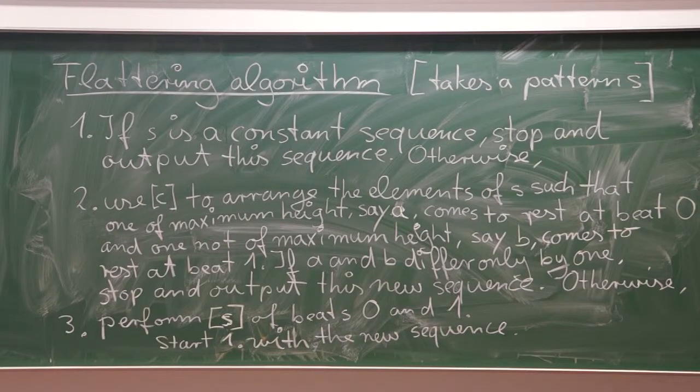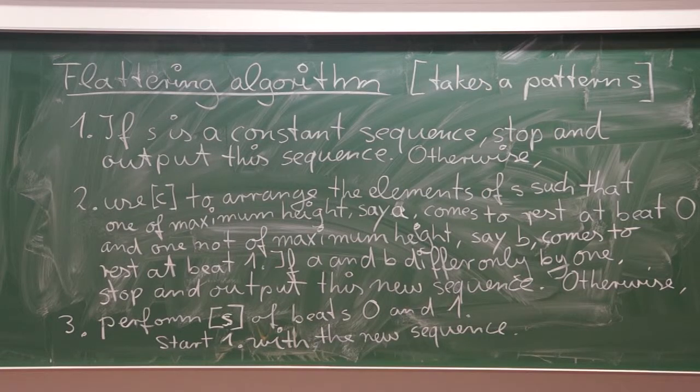Okay, now we have a closer look at the flattening algorithm. It takes the pattern S, and the first thing it does is, if S is a constant sequence, for example 3, 3, 3, 3, it stops and outputs the sequence. If not, it uses cyclic shift to arrange the elements of S such that one of maximum height, say A, comes to rest at beat 0, and one not of maximum height, say B, comes to rest at beat 1.